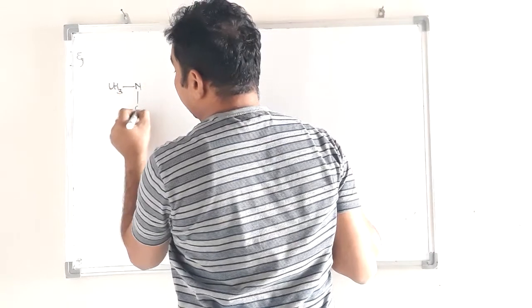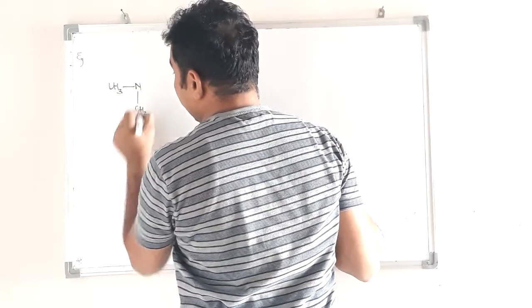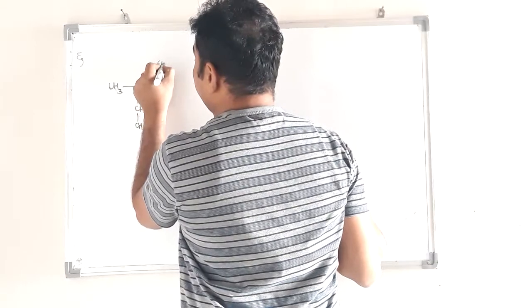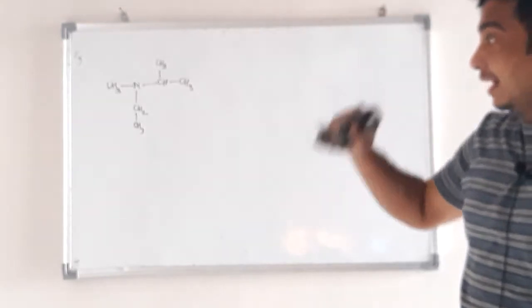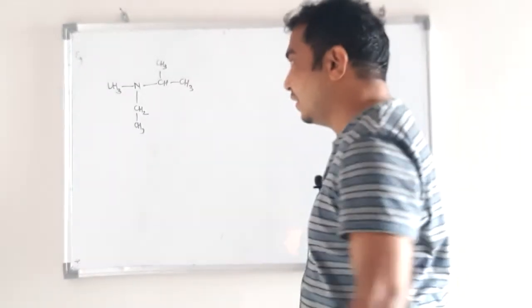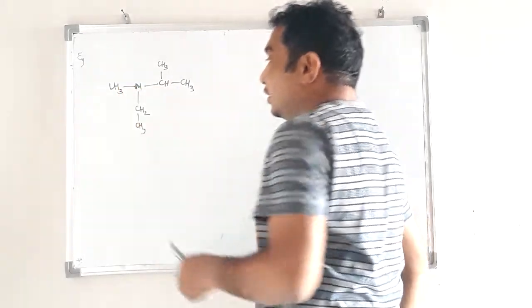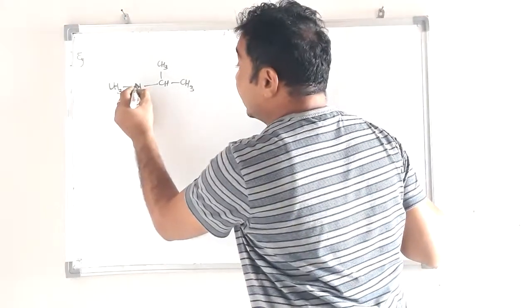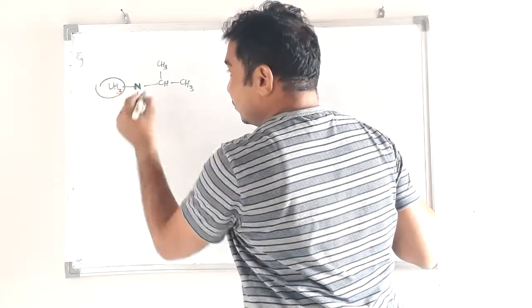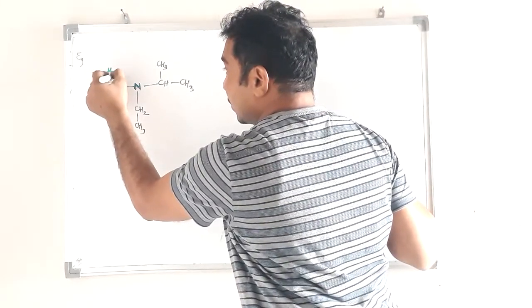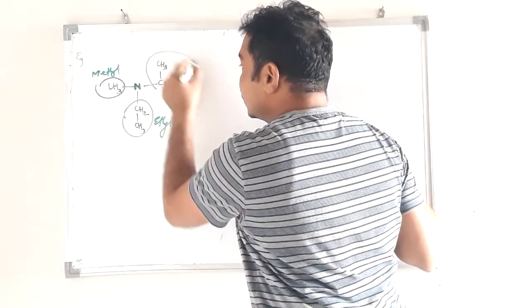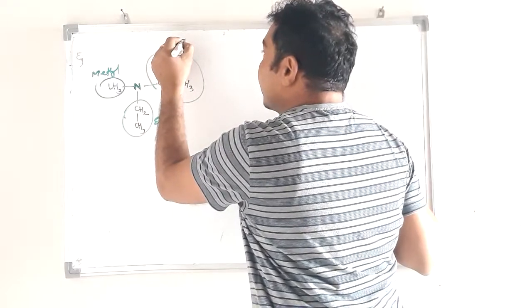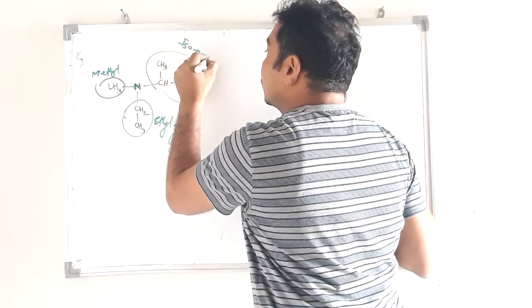Methyl, ethyl. Now tell me, in which class does this amine belong? Here nitrogen is attached to three alkyl groups. This is a methyl group, an ethyl group, and this is an isopropyl group.